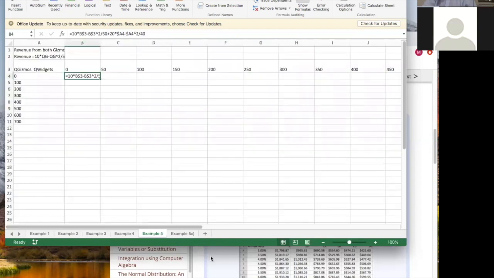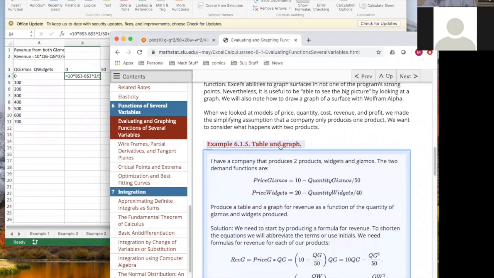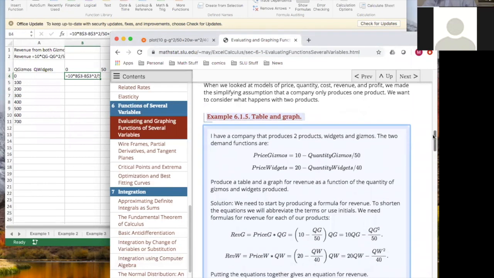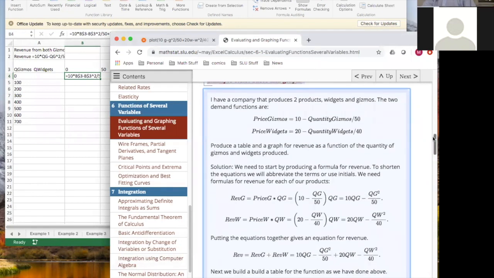For example 5, we're doing a more complicated problem where we've looked at the amount of revenue that we get if we have one product. In this case, we're going to look at having 2 products. And so the price of the gizmos is 10 minus the quantity of gizmos over 50. The price of widgets is 20 minus the quantity of widgets over 40.